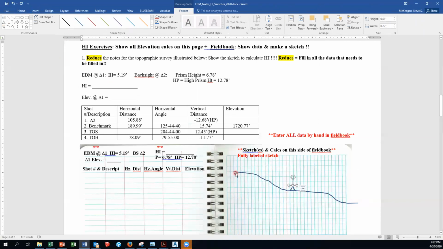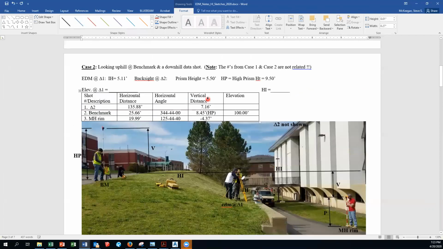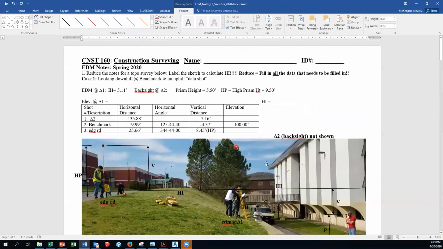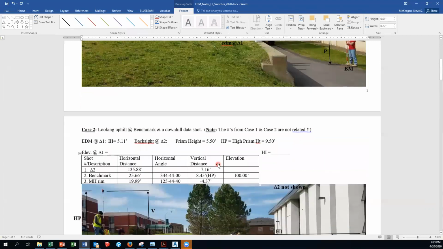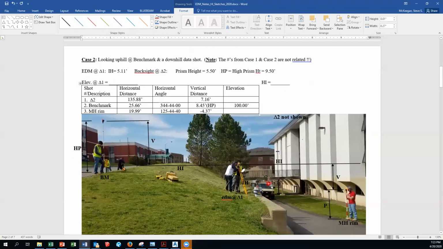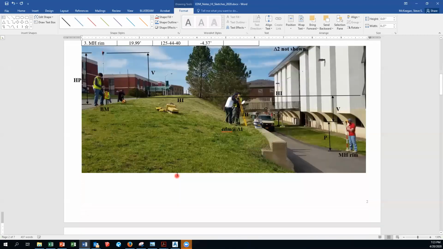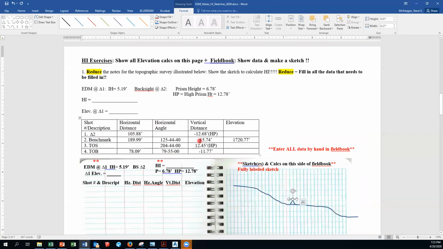Are we looking uphill or downhill at the benchmark? You're looking up, because that's not a negative, it's a positive. The first one was negative, I was looking down at the benchmark. The second example we went over last week was positive, I was looking uphill at the benchmark. So for this new example, it's a positive 15.74, so the benchmark is up here.